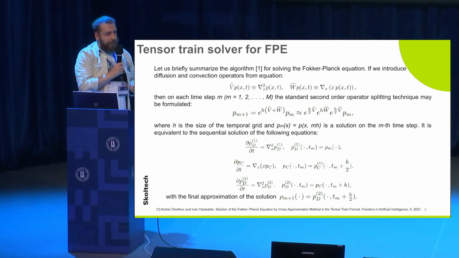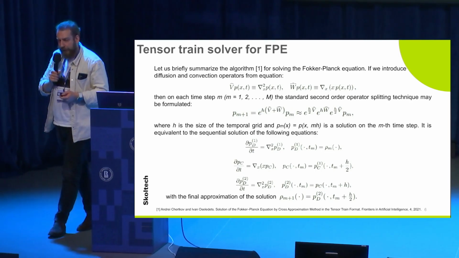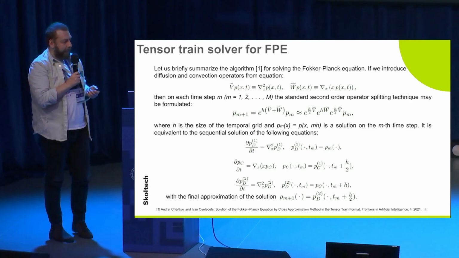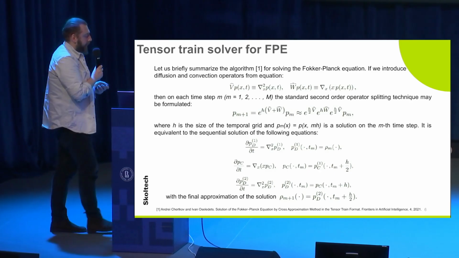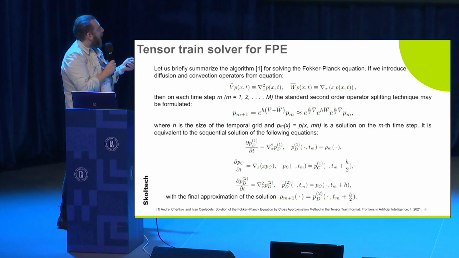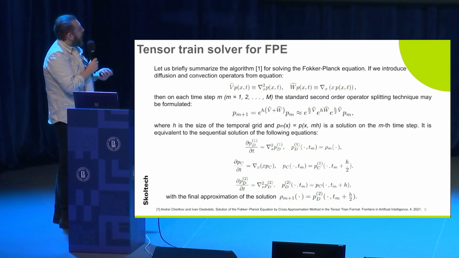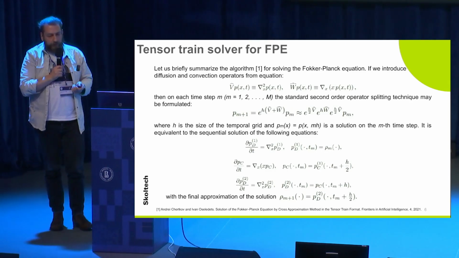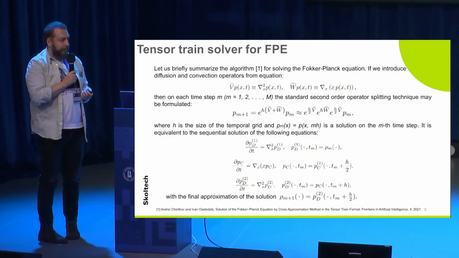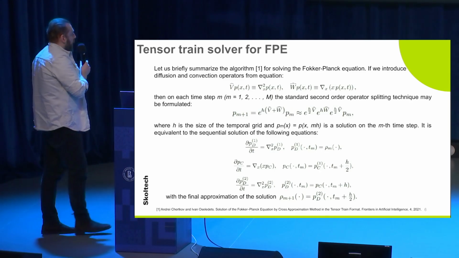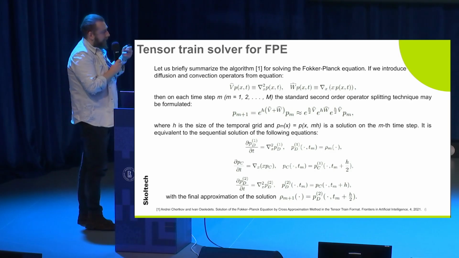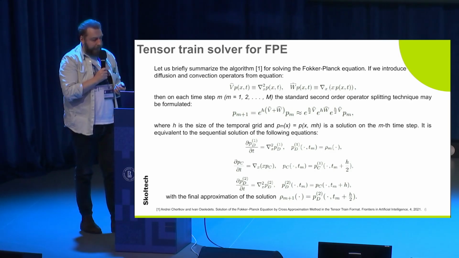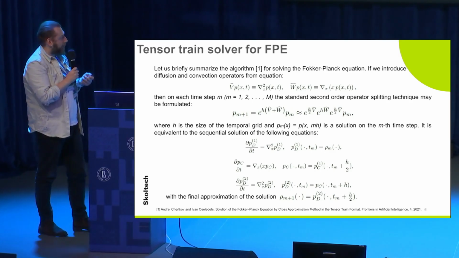The diffusion operator applied to the tensor train model is very simple; we can apply it to the cores of the tensor trains separately. When we apply convection operators, we need to use other techniques such as TT cross and so on to make the TT decomposition of the probability on the next step.